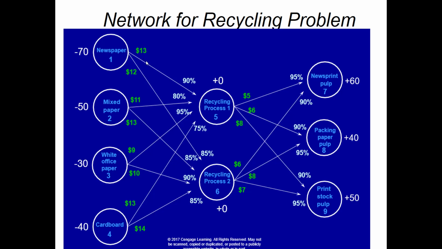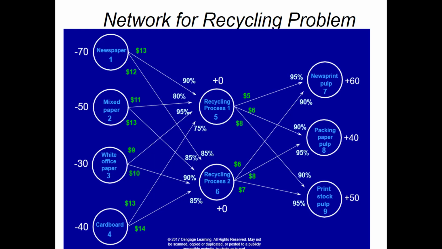And then they have another set of operations that convert the recycled material to the finished material. So for example, if they process the output of recycling process one into the finished newspaper, each ton costs $5, and the final outcome is 95% of the material that they have processed.